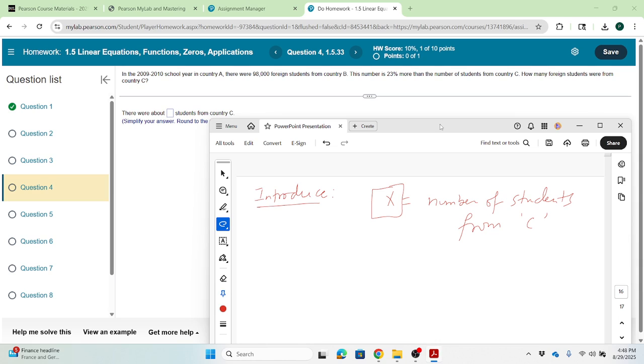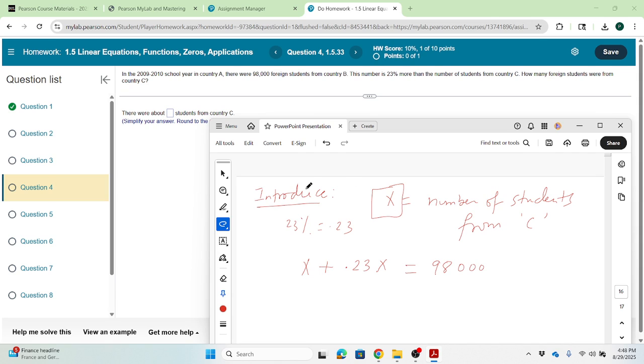Then go back to the problem. 23% more than country C is 98,000. So from country C it's x plus 23% of x. Remember 23% means 0.23. So x plus 23% of itself is 98,000.